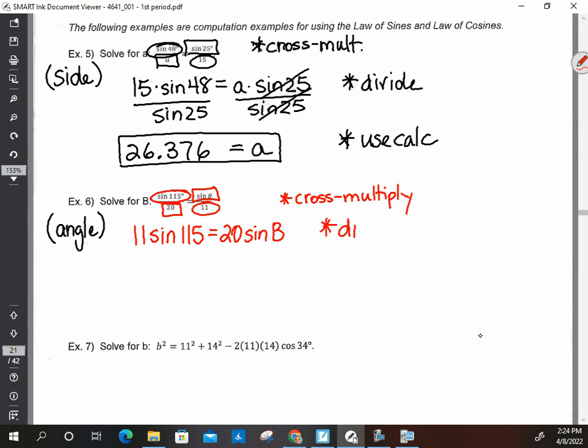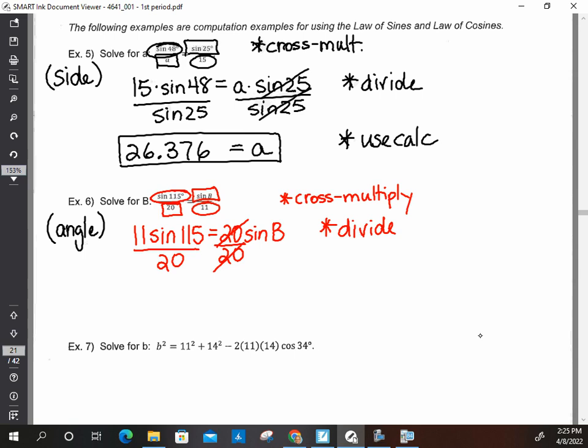So your next step is still to divide. So you want sine of b by itself, so we go ahead and get rid of the 20.